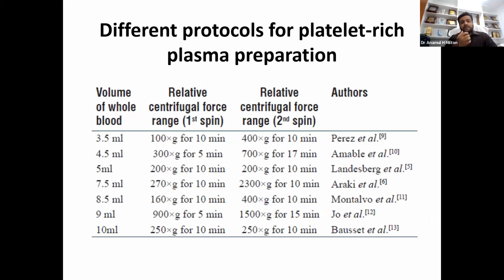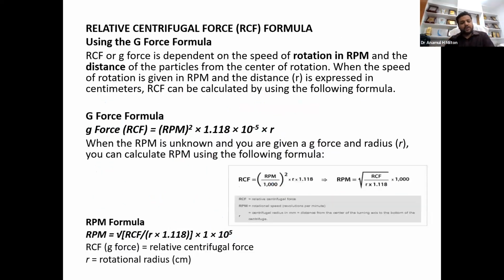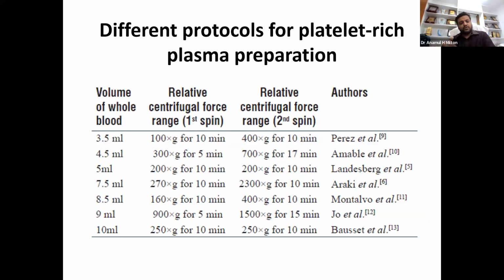There are different protocols for platelet-rich plasma preparation, like two centrifuges: a soft centrifuge and a hard centrifuge. Normally we use 10 ml, and then we need 250 times G for 10 minutes for the first spin, and after that 250 times G for the next 10 minutes.